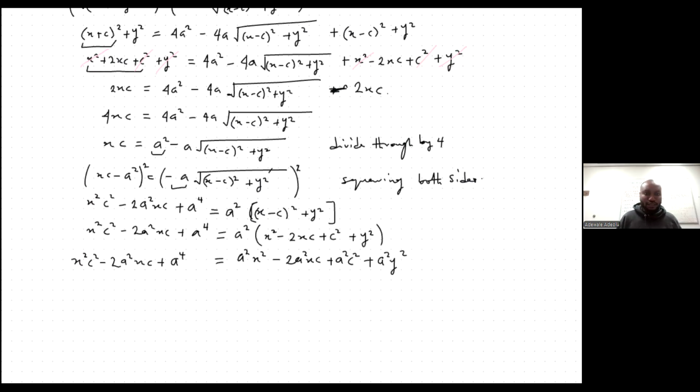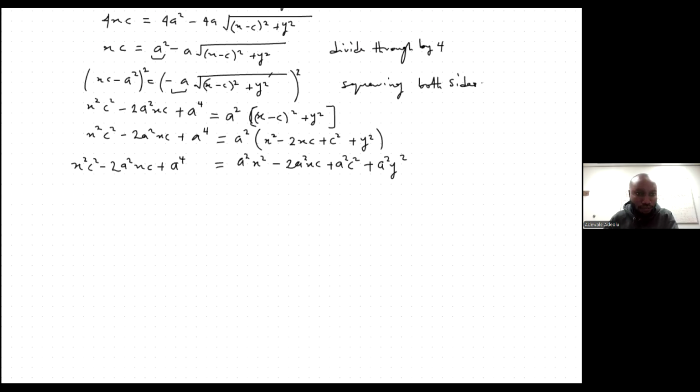Now, looking at this, I can get rid of this. Again, they have the same sign. So if I move this to the other side, it becomes plus, so it goes away. What else can I do? Nothing goes off again.